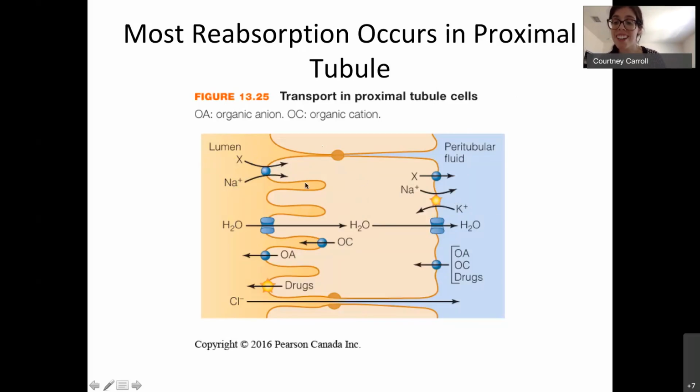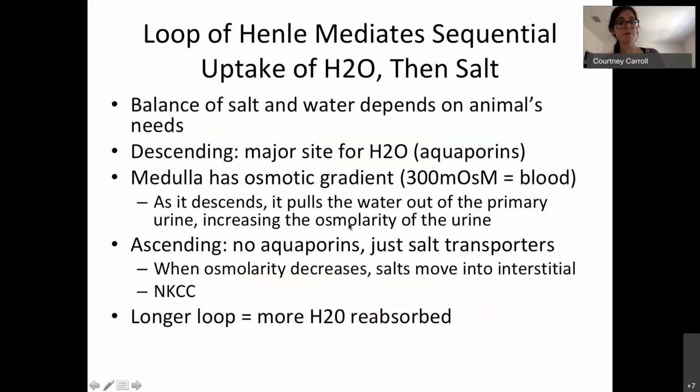Again, X is moving against its gradient because sodium is the driving force. Sodium is providing the gradient. And then X will be able to fall down its gradient into the peritubular space, eventually taken up by the capillaries. And then the things that are secreted, those organic matter, drugs, are going to move in the opposite direction.